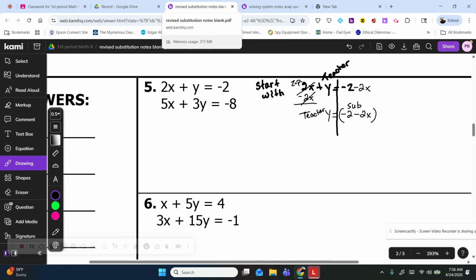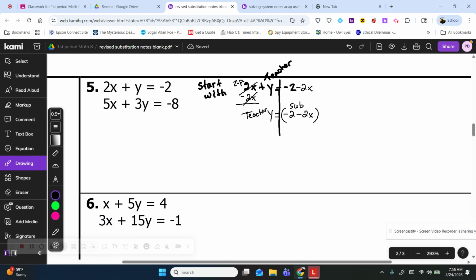Alright, you switch to the other equation. Well, the other equation is 5x plus 3y equals negative 8. So here is when we switch. When you switch is when you make your substitution. Alright, who's going home? Y. Who's coming in?